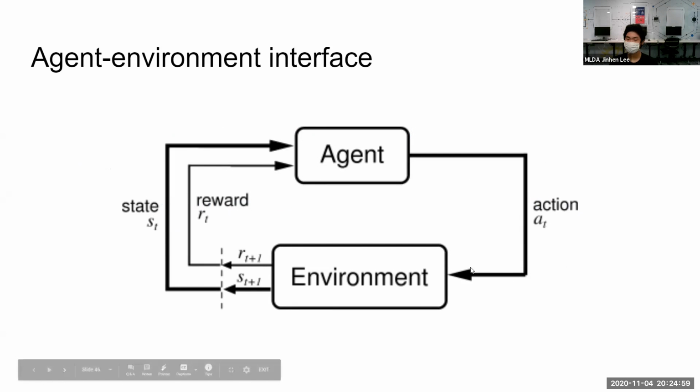When your agent carries out this action A sub t, your environment will then give it feedback in the form of a reward and the next state. Taking a self-driving car as an example, your agent is the self-driving car, the environment is the traffic itself, and the action is go straight, go left, or go right.